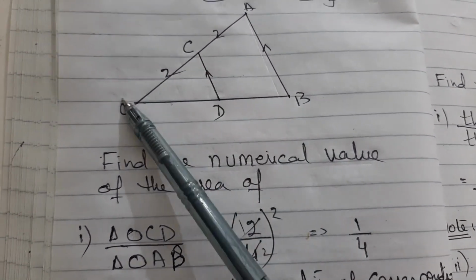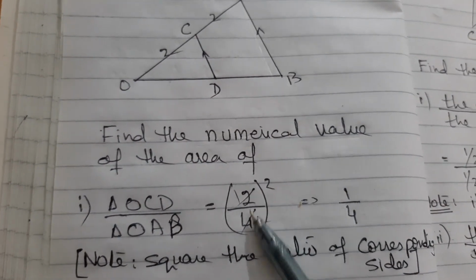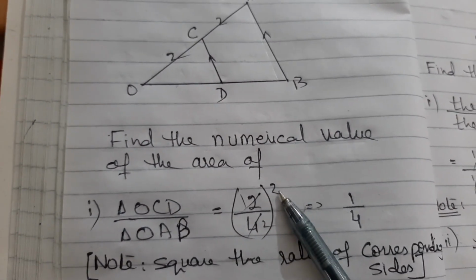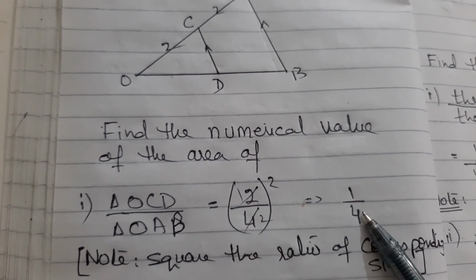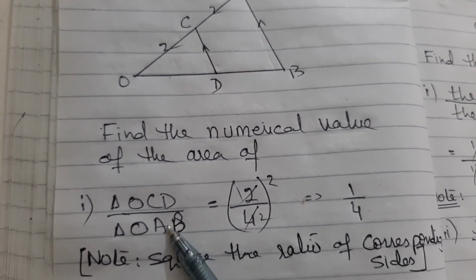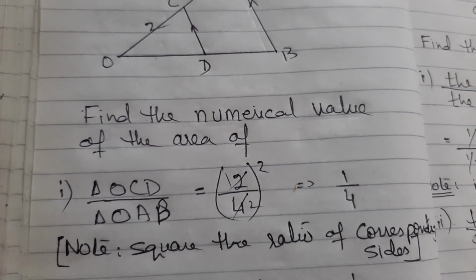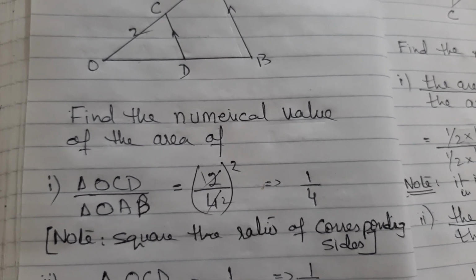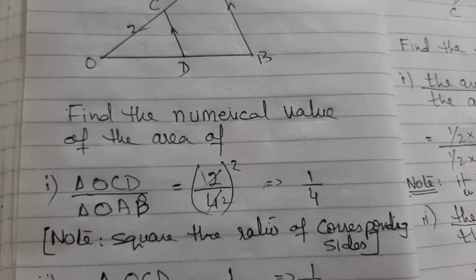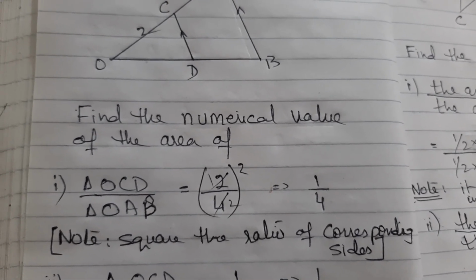So it is 2 and it is 4. You will write 2 over 4 and square it. So 2 over 4 you can simplify and then square it. So the ratio is 1:4. What you have to remember here is that if the case is of similar triangles, you will take the ratio of the corresponding sides and square it, right?